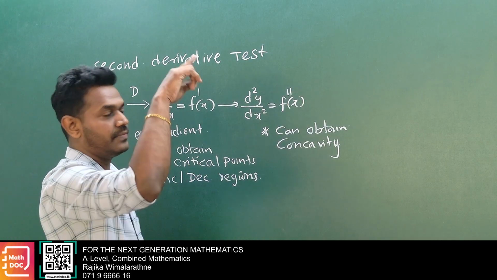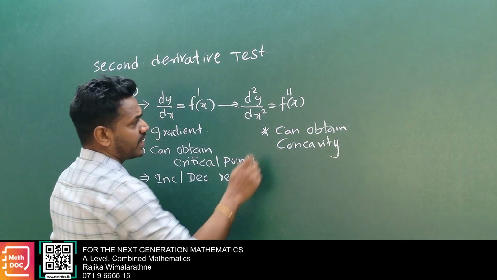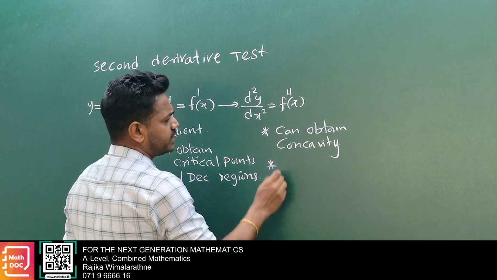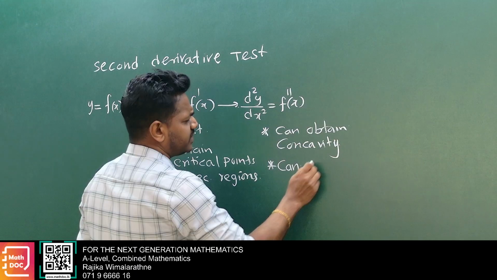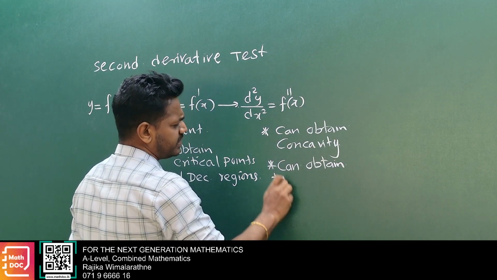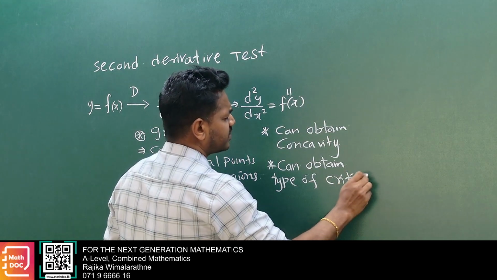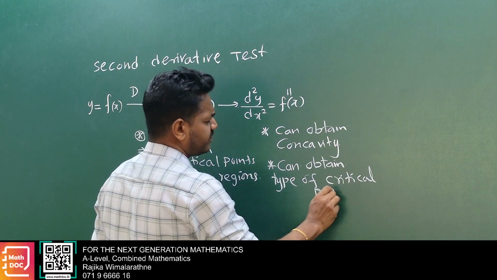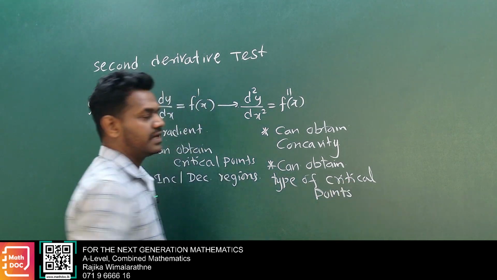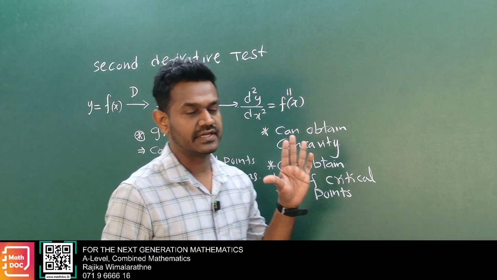Further, by the second derivative we can obtain the type of critical points. This is the thing. Now see this one first.